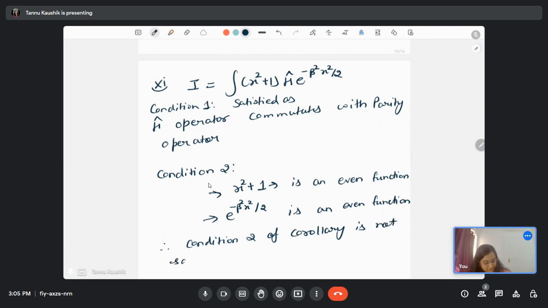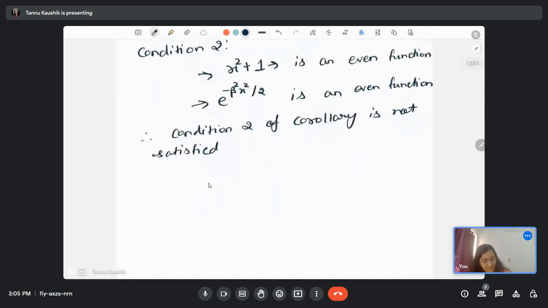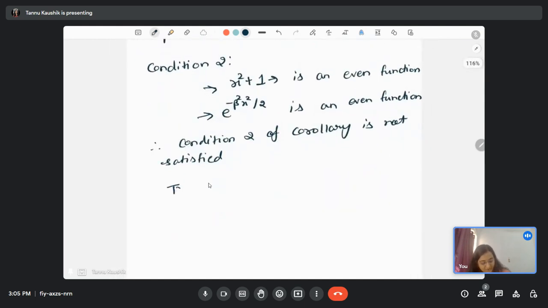Therefore, condition 2 of the corollary is not satisfied.